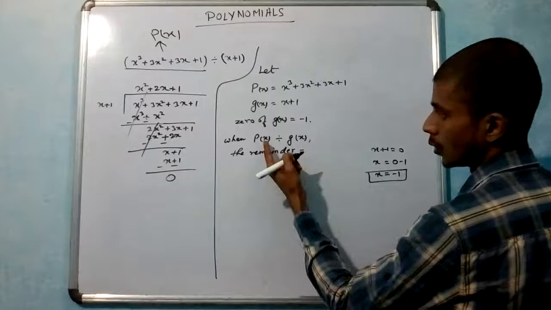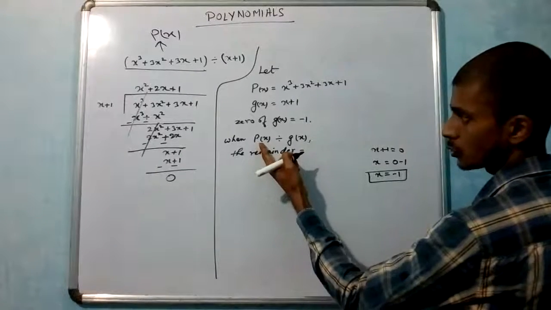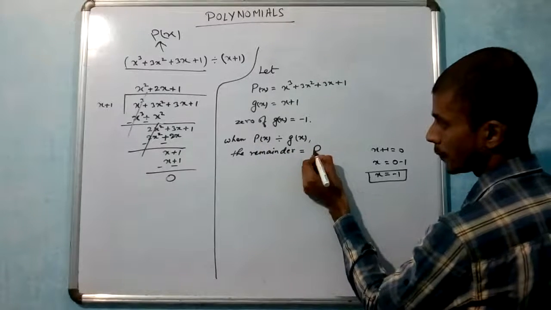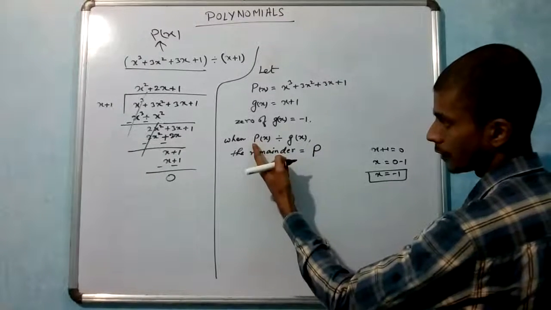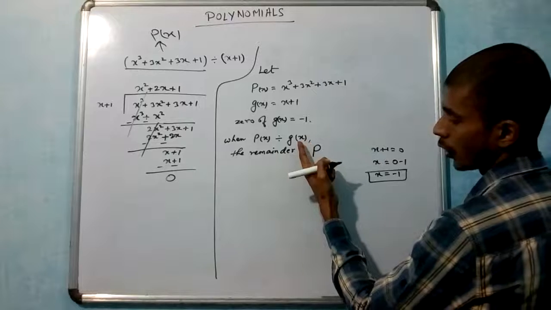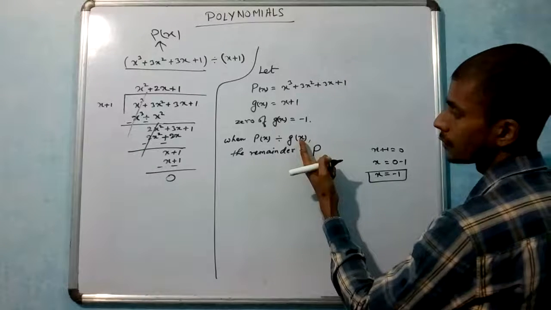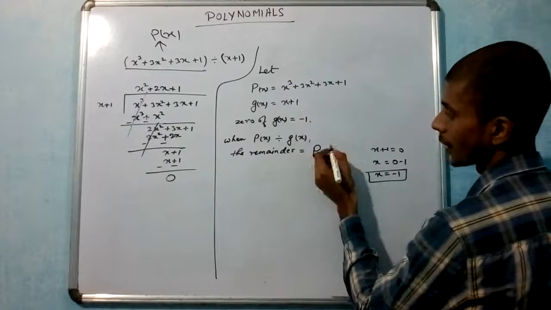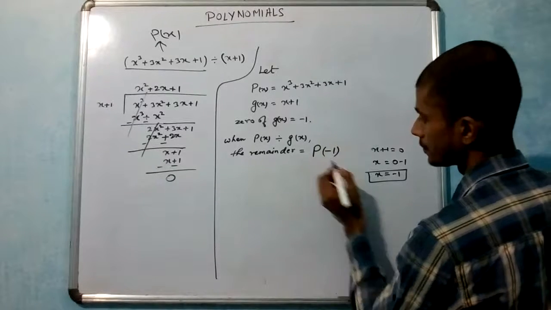You know, this is the dividend, no? This is going to get divided. So the remainder will be p of the zero of g(x), that is minus 1. p of minus 1.